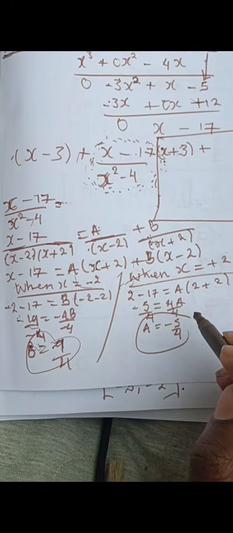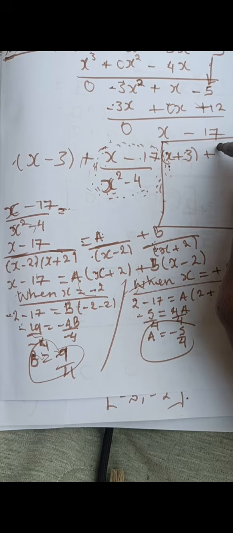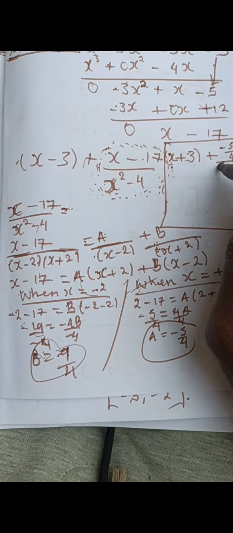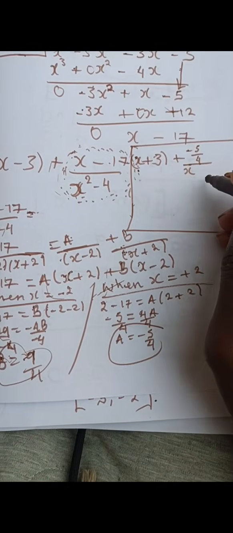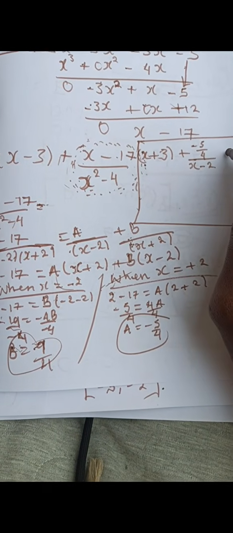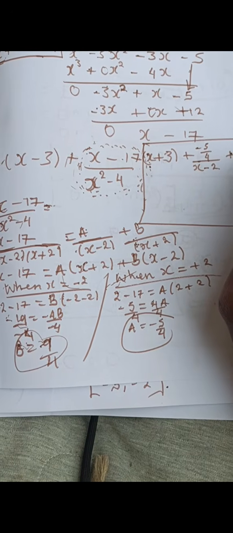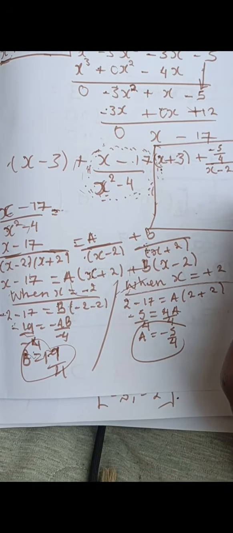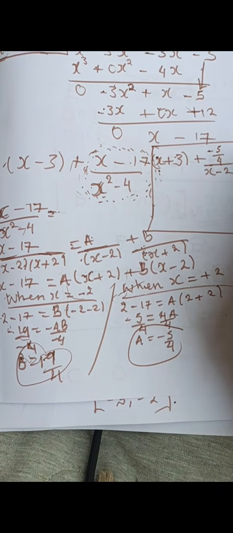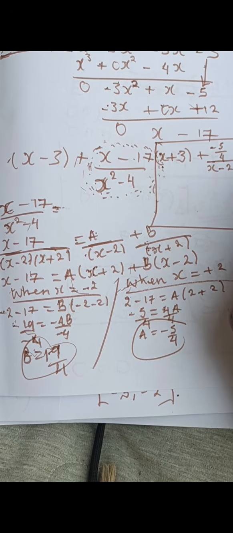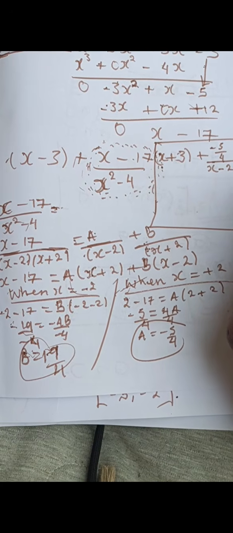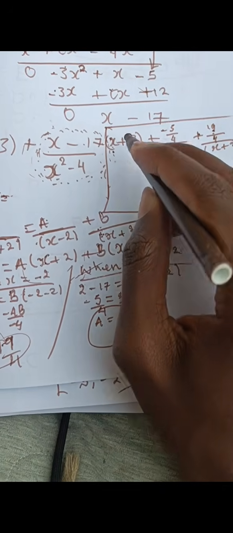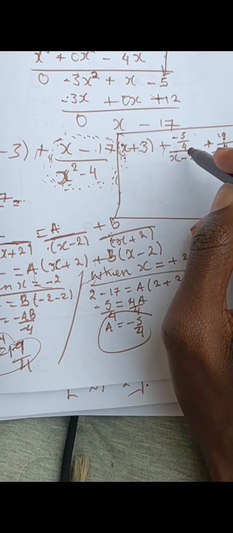So where there's A, I'm putting negative 15 over 4 over x minus negative 2, plus, where there's B, I'm putting 19 over 4 x plus 2. So I've just substituted. Now let's simplify it and write them properly.